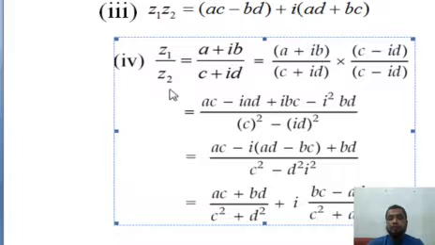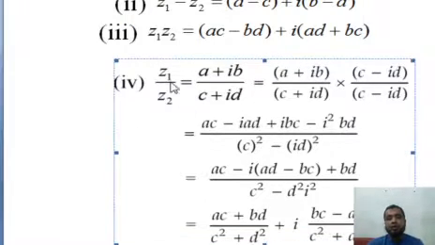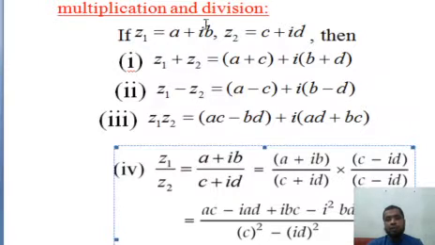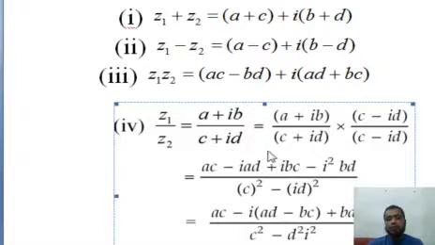And the last one is the division formula, z1 divided by z2. z1 is a plus ib and z2 is c plus id. To simplify the result, we have to multiply by the conjugate of the denominator c plus id. The conjugate of c plus id is c minus id.